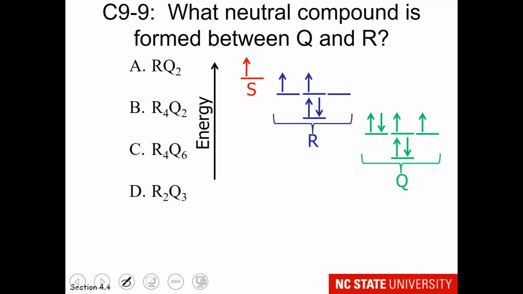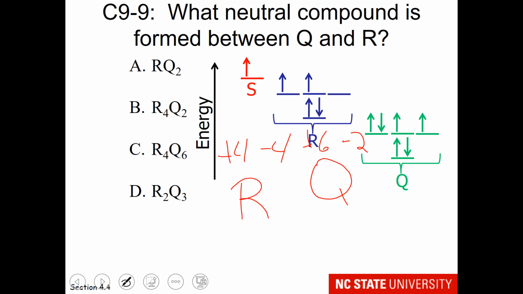Here is the challenge question. What neutral compound is formed between Q and R? I trust you decided earlier that R could possibly be +4 or -4, and that Q could possibly be +6 or -2 to be isoelectronic with a noble gas.